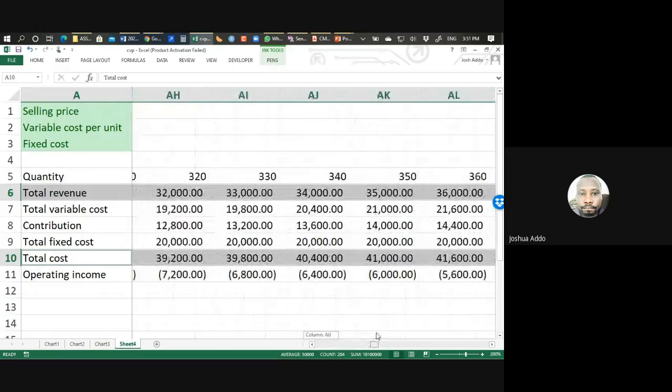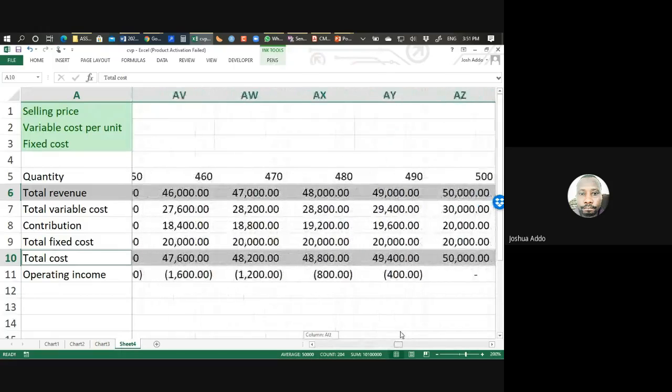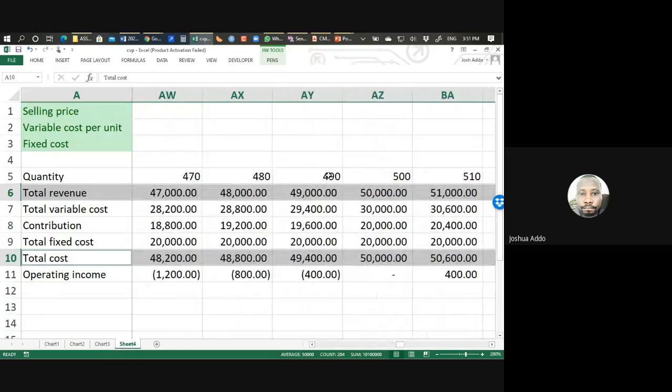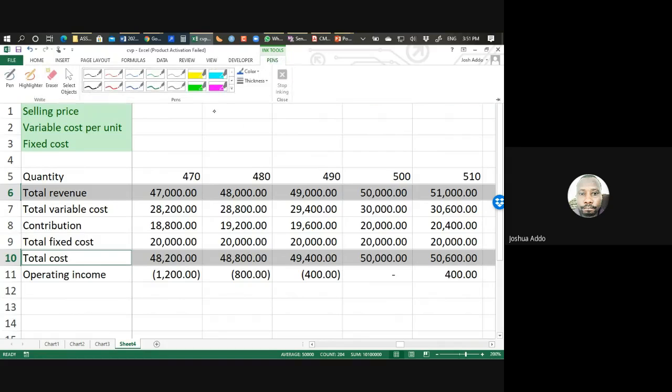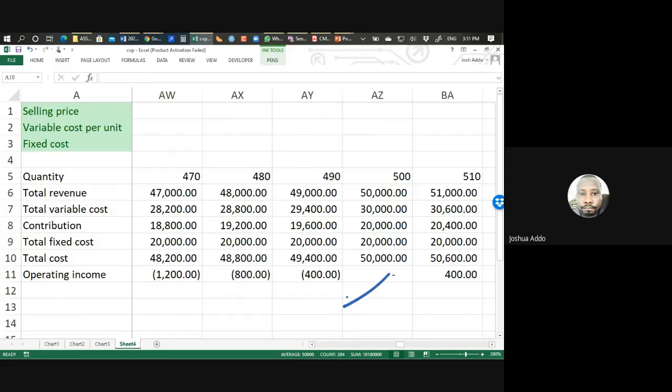The point that we had 0 net income here corresponds to 500 units. We have 0. At this point, our total revenue of 50,000 is equal to our total cost of 50,000. So revenue is equal to cost, nothing left as profit. Profit is 0. This is break even.